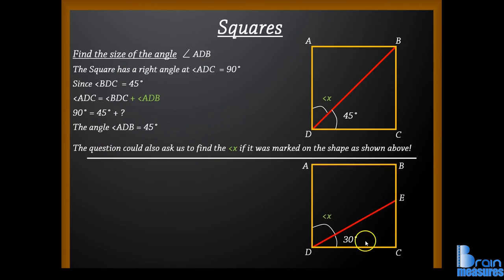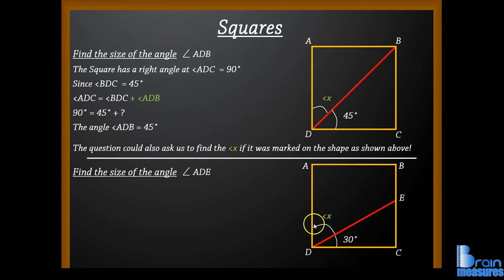So here we have another square, and we have one angle that we know is 30 degrees, the other angle is the angle X. This angle falls under ADE. Now we know that this full angle all the way ADC is 90 degrees. We know that there's a smaller one that's 30 degrees.